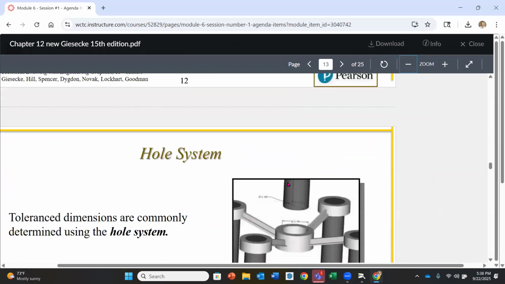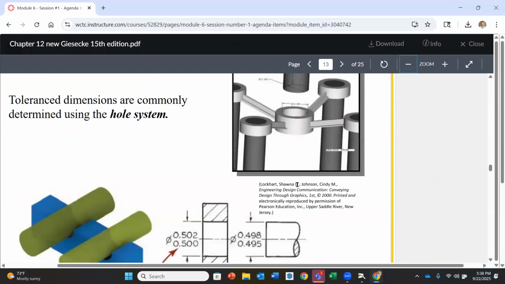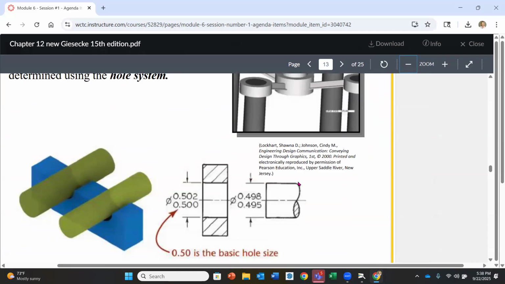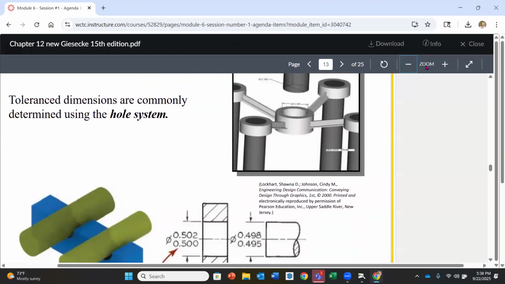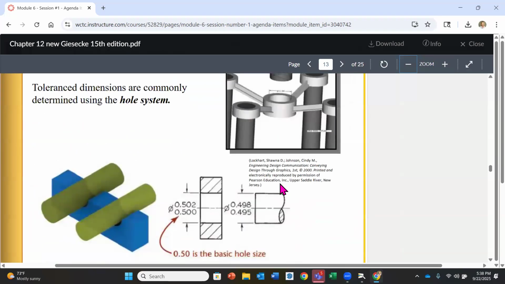We're just going to skip over this one. Hole system. We've already kind of alluded to this, but tolerance dimensions are commonly determined using what we call the hole system. What it says is that we put the nominal size on the hole, exactly what we had identified earlier, because we have standard tooling, drills, and such that are going to be to standard sizes.